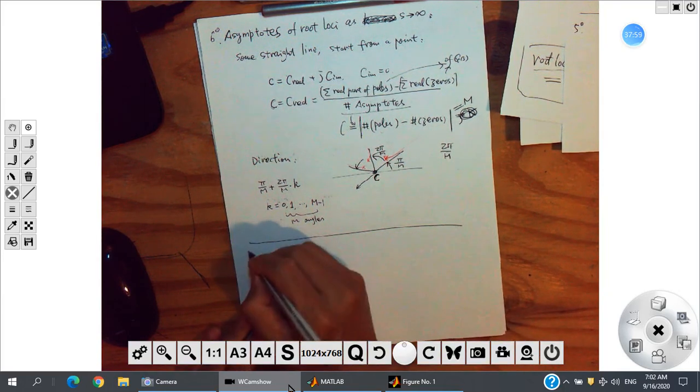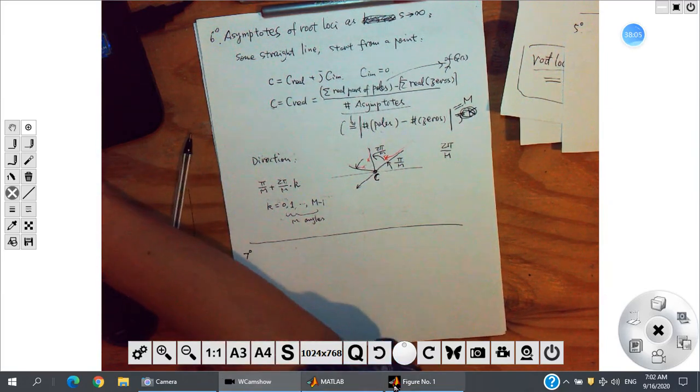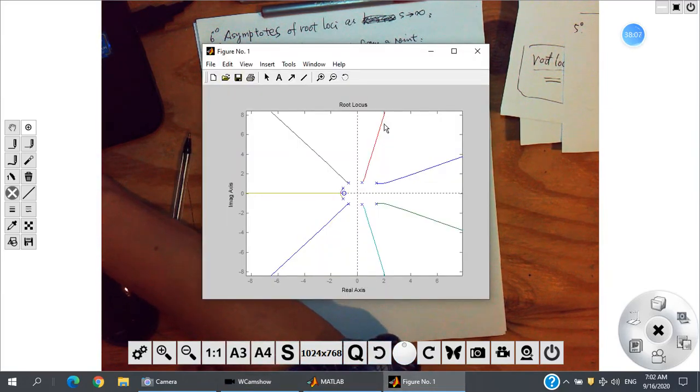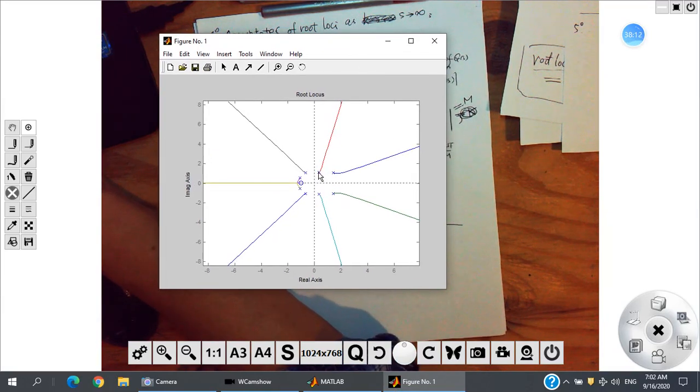Then we consider more features. We look at our graph here. When you have a curve like this, it is related with root locus branches that have imaginary parts, the complex poles.